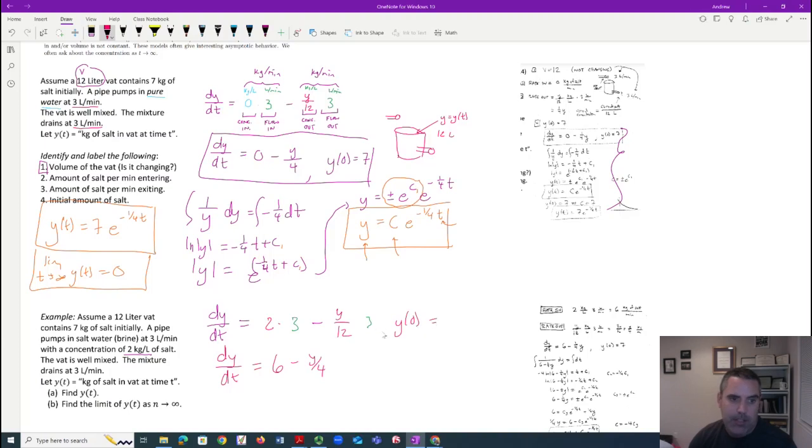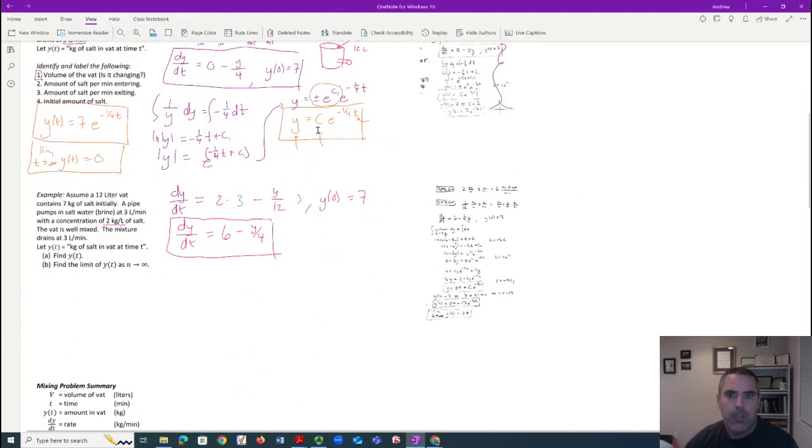Now that does dramatically change the problem in that there's always going to be salt in the container. So it's actually going to approach some sort of balancing amount. The solving is very similar, except the fact that you can't easily separate these. It looks like back when I solved this, I didn't do it in an optimal way. I think now, if I was doing this, I would factor out a 4 and then write 24 minus y.